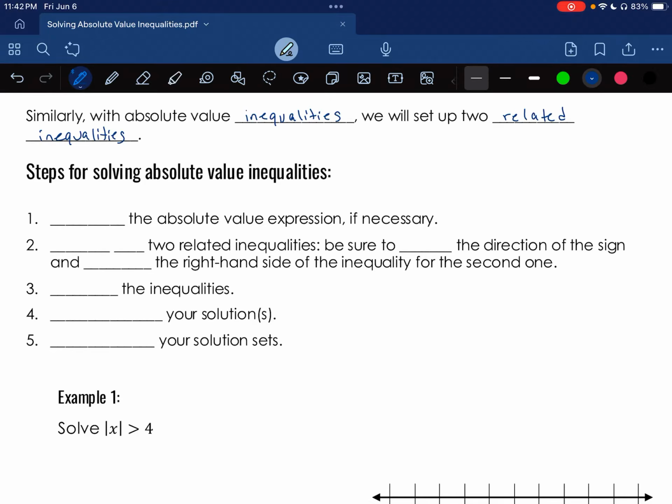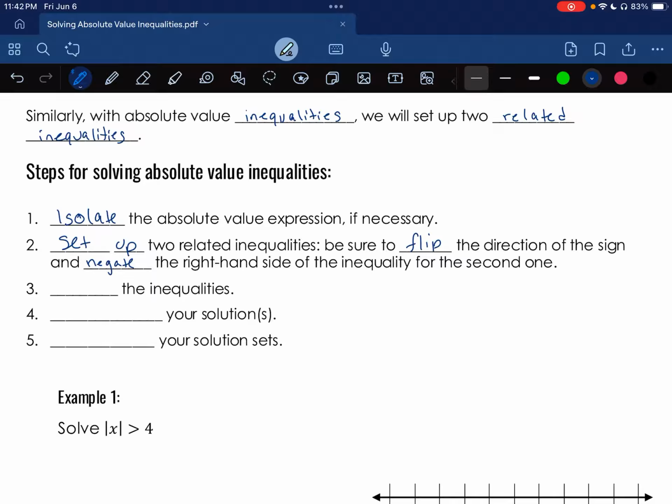So some steps for solving absolute value inequalities are going to be very similar to when we were solving equations. So we're going to isolate the absolute value expression if necessary. Then we're going to set up two related inequalities, and we're going to have to flip the direction of the sign and negate the right-hand side of the inequality for the second one.